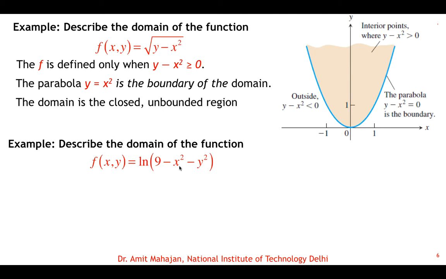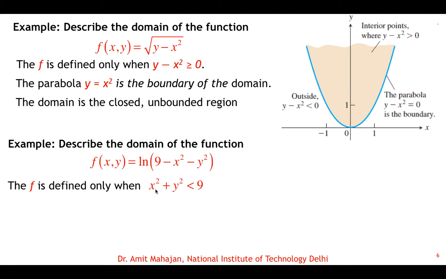So it gives us that x square plus y square should be less than 9. The function is defined only for these points, so this will form the domain of the function. All points (x,y) which satisfy this inequality will be in the domain of the function.